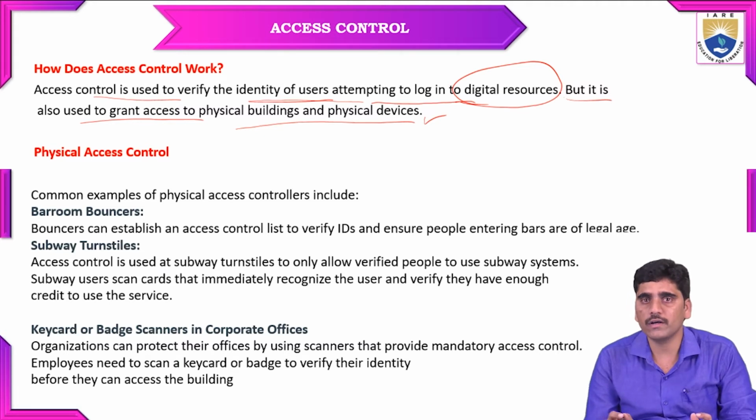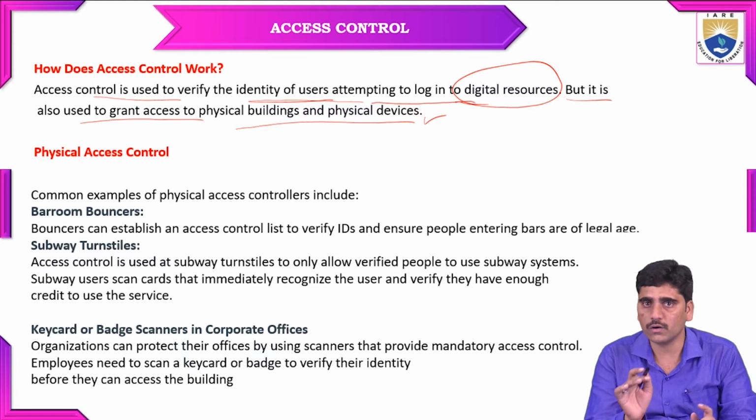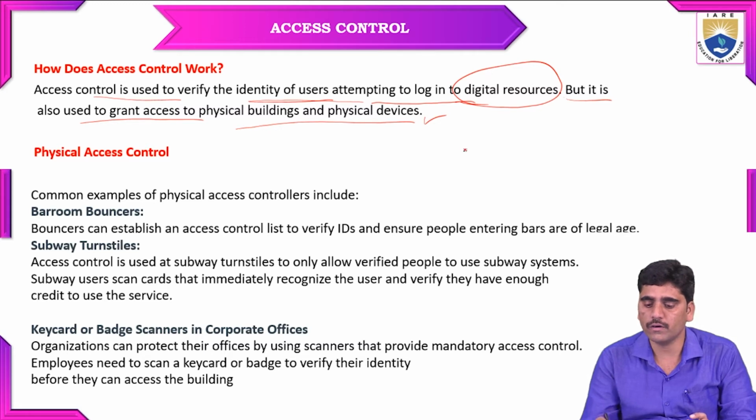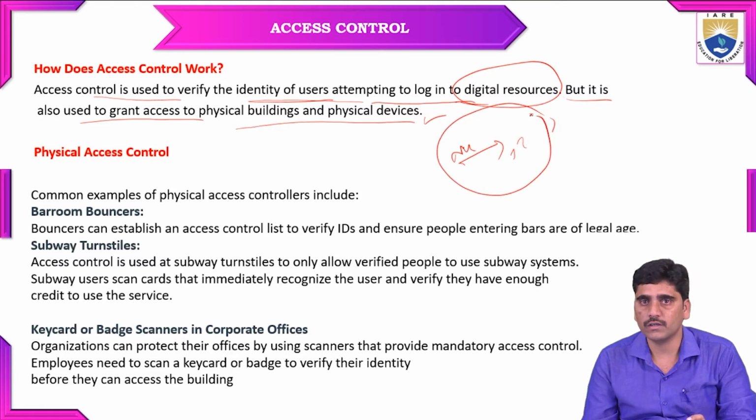So we provide particular devices to particular areas and particular persons to particular locations, so that a person is limited to that particular location only. Suppose you take a device like a hotspot: you can access the network only within the surrounding 15 meters, 20 meters, or a maximum of 500 meters. Likewise, access is granted for physical buildings and physical devices.